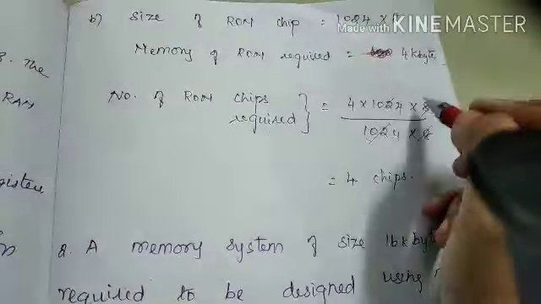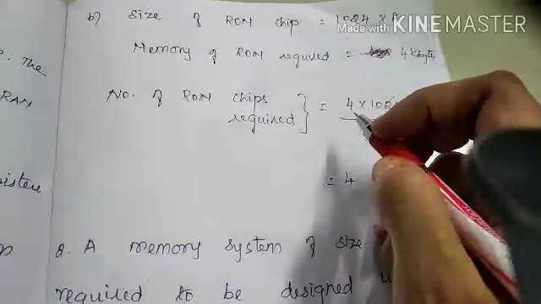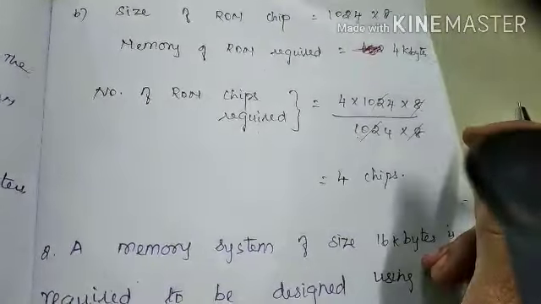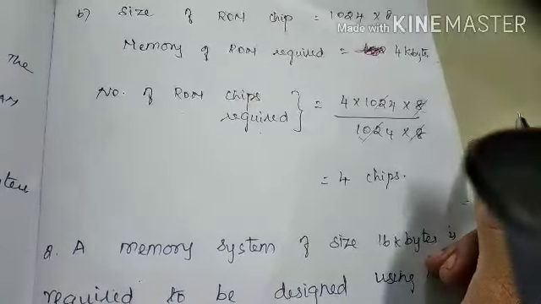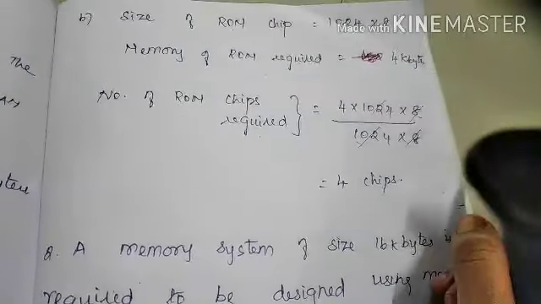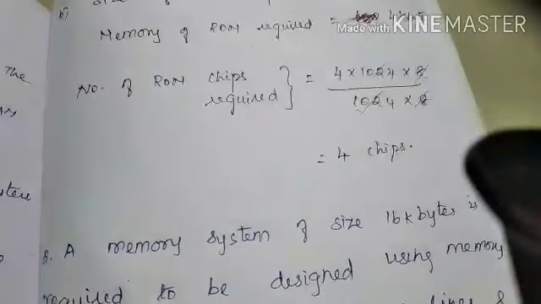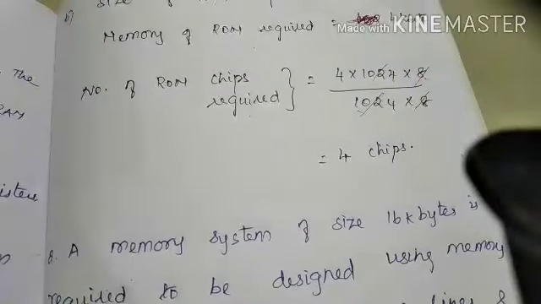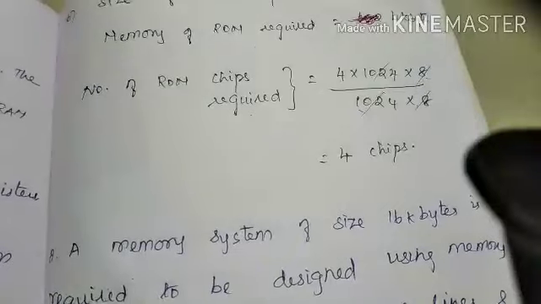All things get cancelled. 4 chips is the answer for the number of ROM chips required. Please remember the formula, required memory by available memory. This is the formula for the number of chips required.